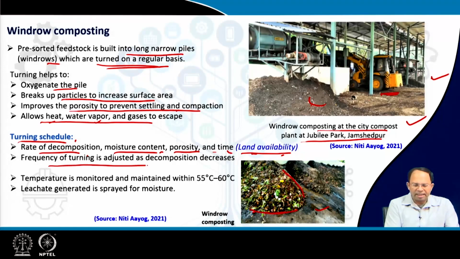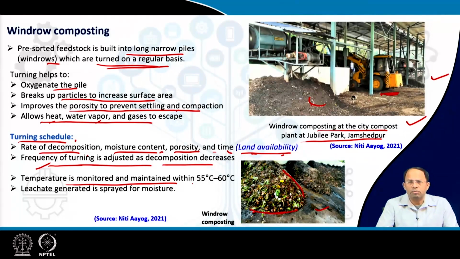So, frequency of turning is adjusted as decomposition decreases. Gradually the decomposition process lowers and accordingly we have to change the turning frequency. That means the turning frequency is not fixed, it has to be adjusted. Temperature is monitored and maintained. We have discussed this earlier as well. If the temperature goes beyond 70 degrees, all pathogens will be killed, but the decomposition will falter.